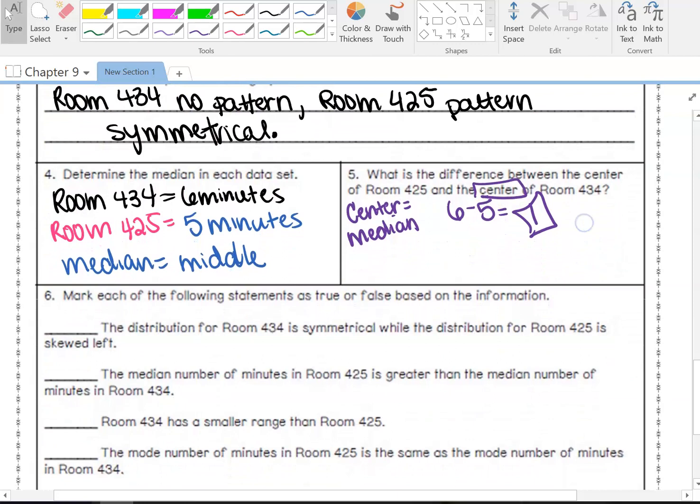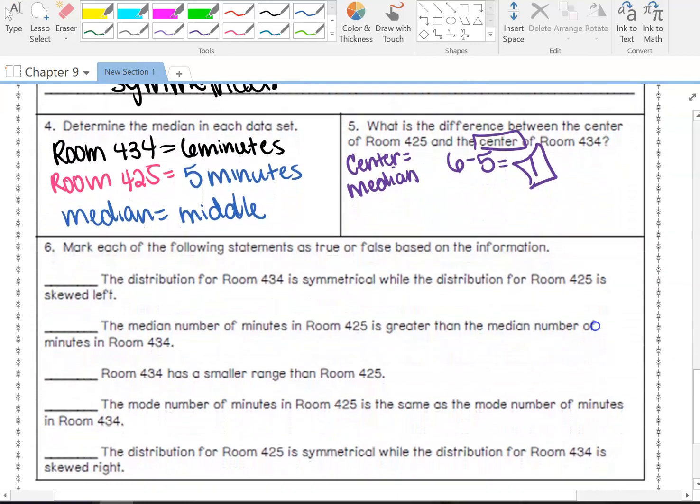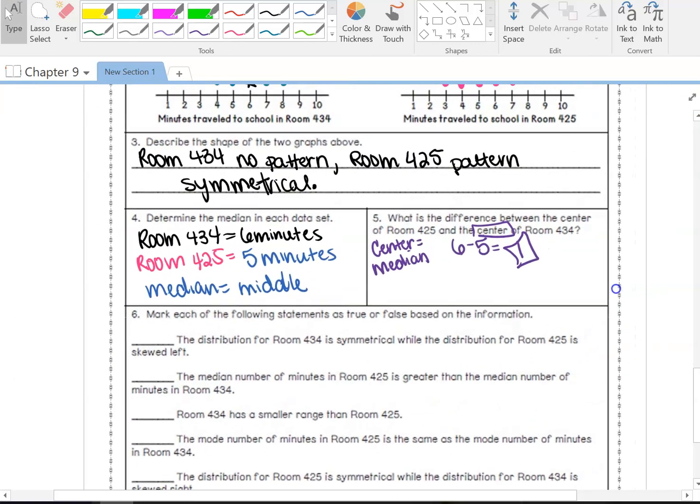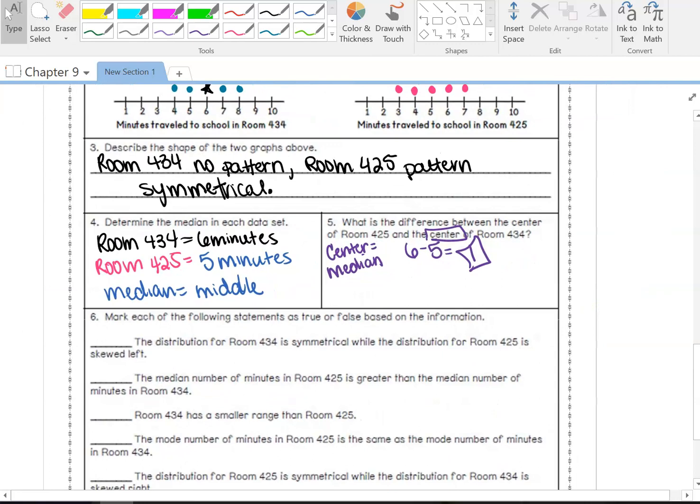And then number 6, it says mark each of the following statements as true or false based on the information. So it says the distribution of room 434 is symmetrical, while the distribution for room 425 is skewed left. So if we go back to number 3, 434 is not the symmetrical one. 425 is the one that's symmetrical.